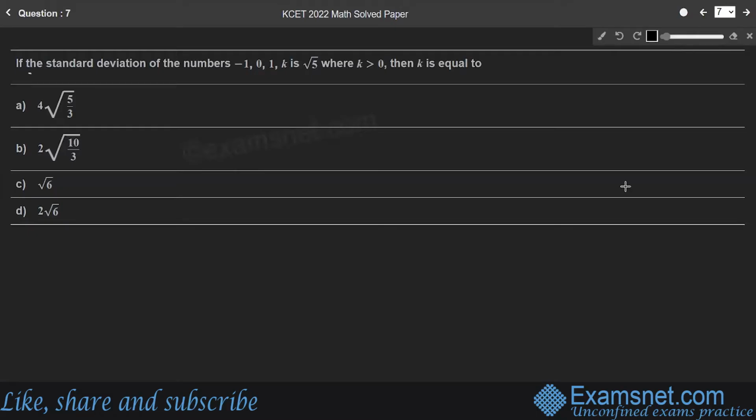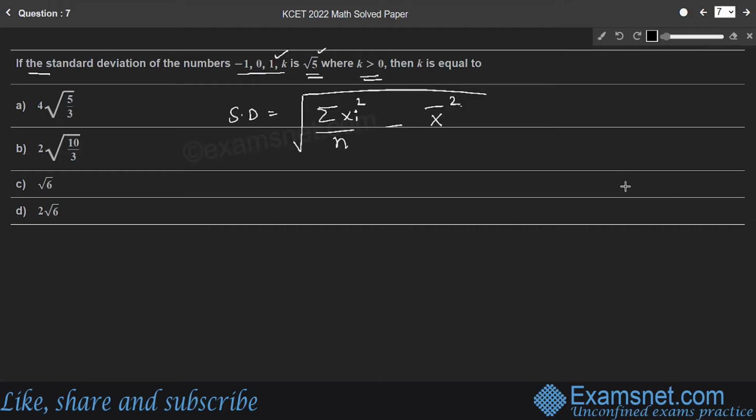Question number 7. If the standard deviation of the numbers minus 1, 0, 1, k is root 5, where k is greater than 0, then k is equal to. In the given data set, the standard deviation is given. We know that for a data set, the standard deviation SD is the square root of sigma xi square divided by n minus the square of the mean.